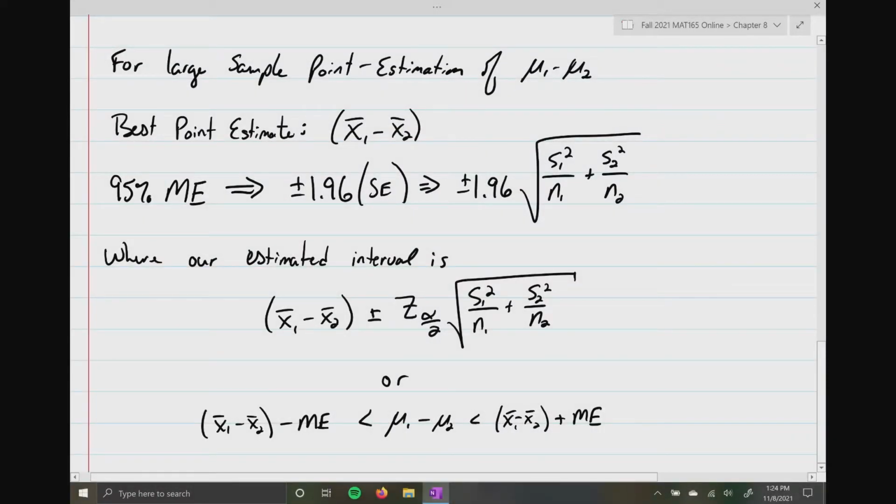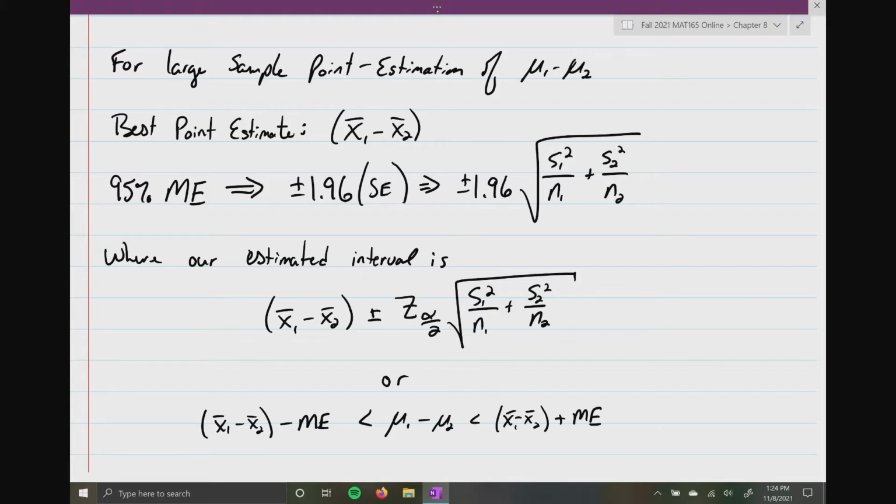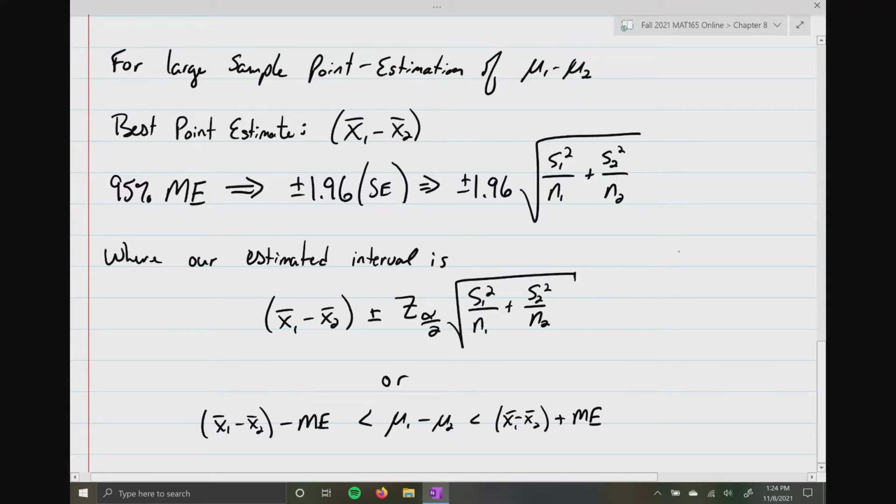All right, so our confidence interval is stated below. So we have the difference between x bar 1 and x bar 2 plus or minus our critical value. Now, we are familiar with some critical values. So remember, I'm going to write it over here on the right-hand side. If it's 95%, you're going to use plus or minus 1.96.